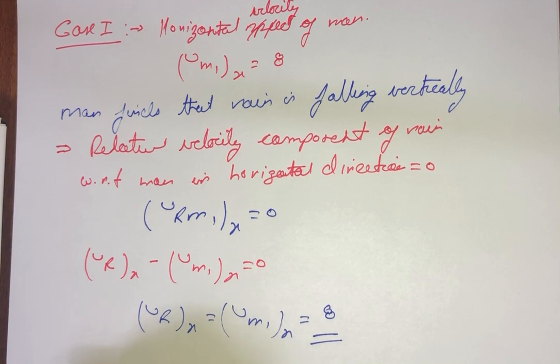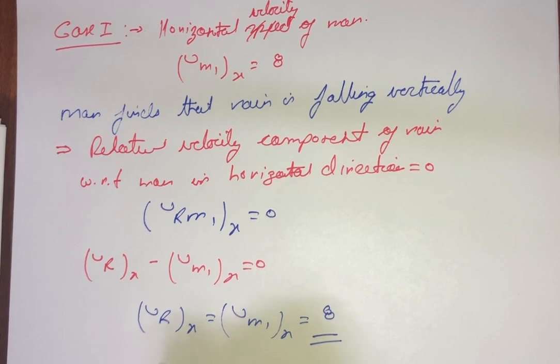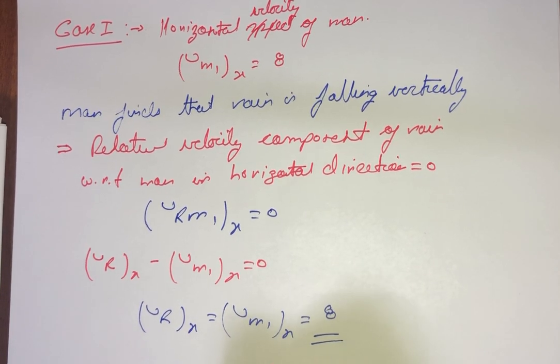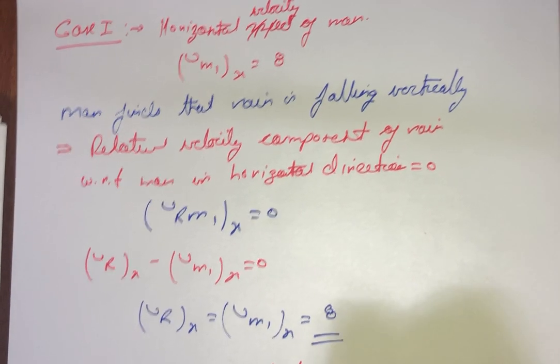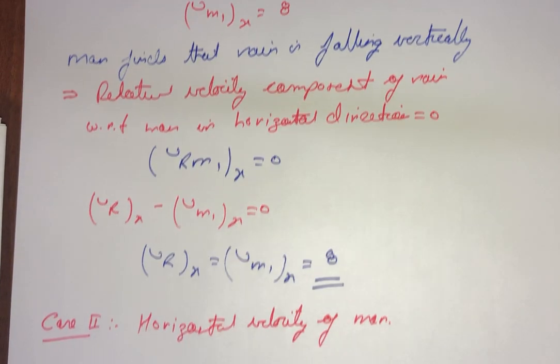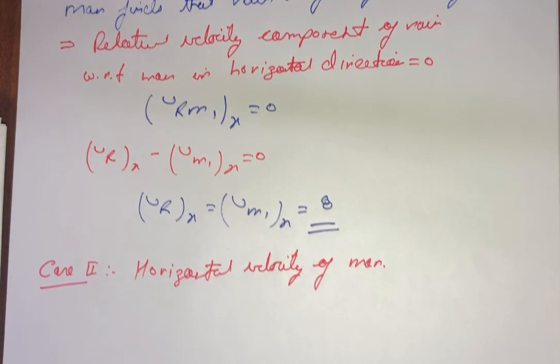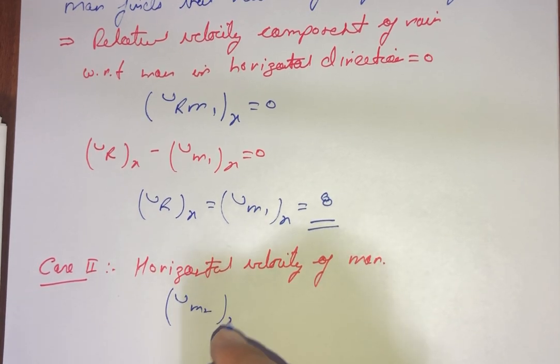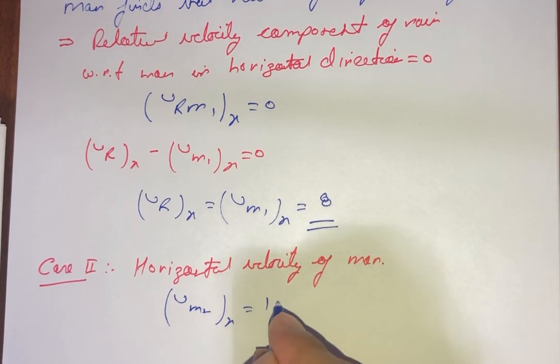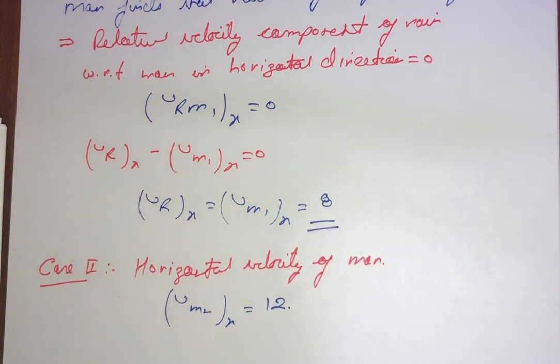So we say that the horizontal velocity of man, let us say this is Vm2, and this will be given as 12. Now in this case rain makes an angle of 30 degrees with the vertical.